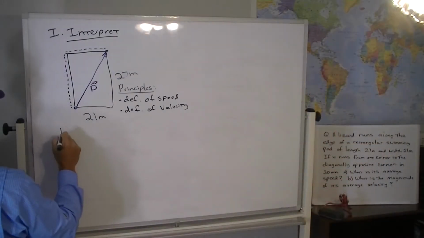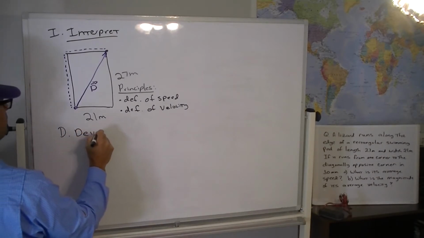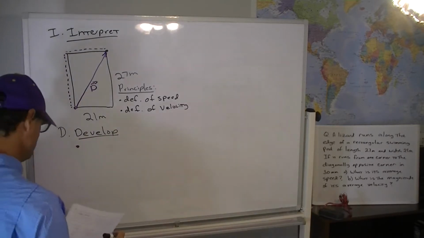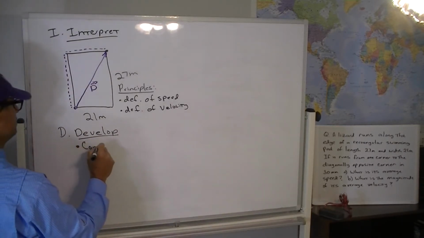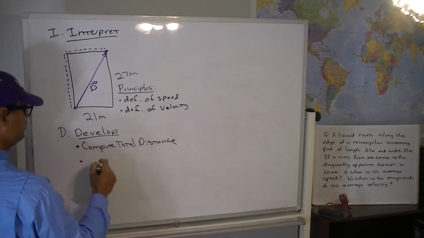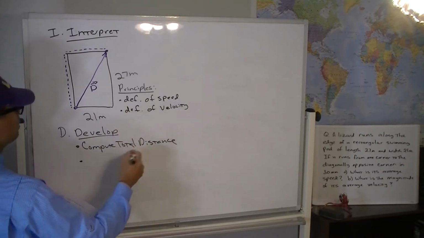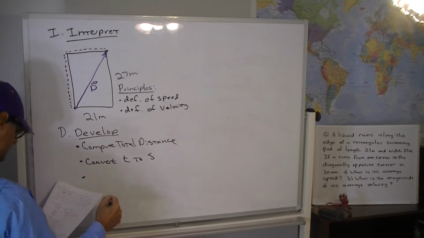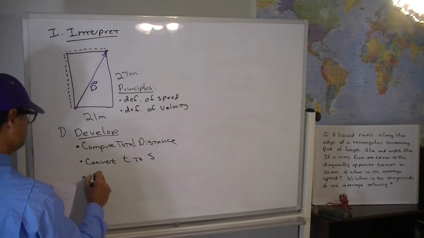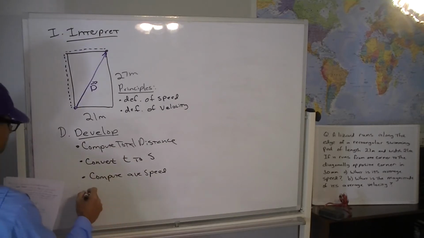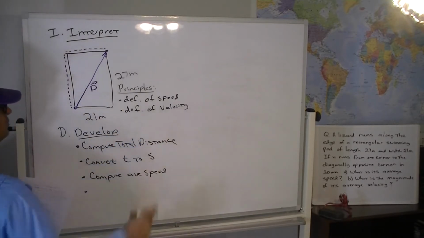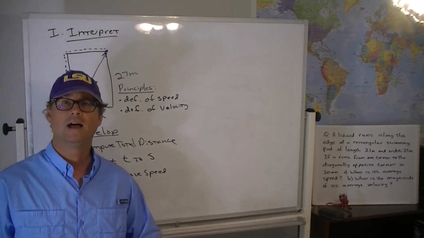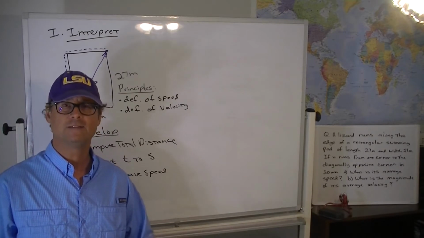Now, to develop, we usually make a bullet point plan on how we're going to get to our solution. So let's compute the total distance, and then from the total distance and also the time, we should also convert time to seconds. Oftentimes unit conversions pop up in our plan. And then we compute the average speed. And then to get the velocity, because we're recalling the definition of velocity, it's the displacement divided by the time.